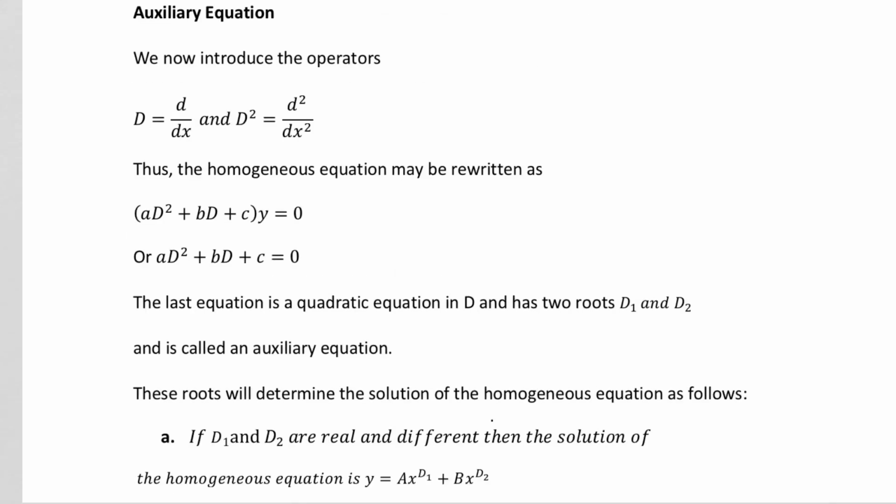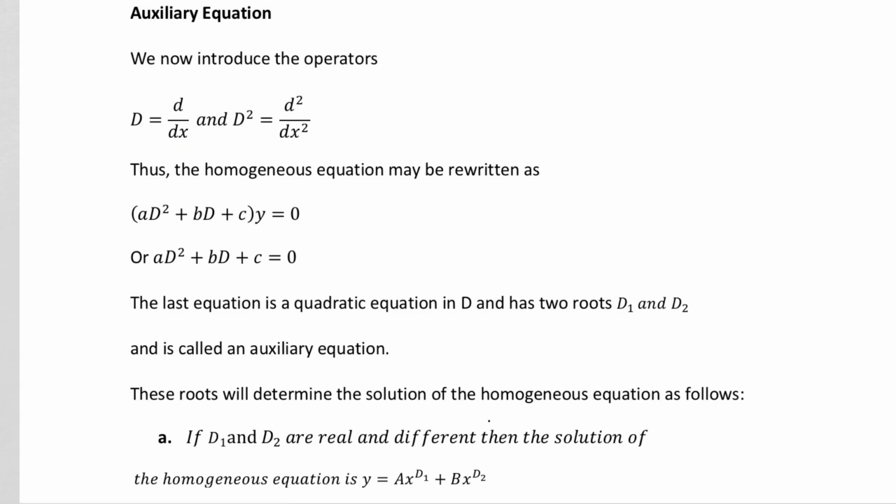Let us discuss a term called auxiliary equation. We will introduce these operators. Capital D is equal to d over dx and D square is equal to d2 over dx square.